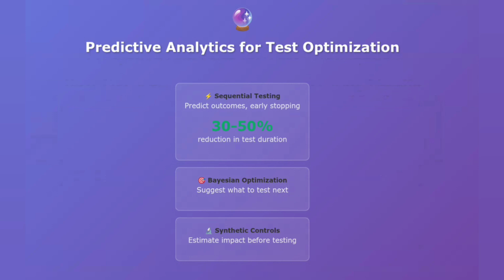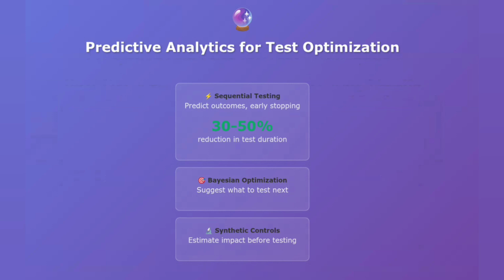Sequential testing algorithms use real-time data to predict final results and recommend early stopping when sufficient evidence is gathered. This can reduce test duration by 30 to 50% while maintaining statistical rigor. Bayesian optimization takes this further by learning from all past tests to suggest what to test next.